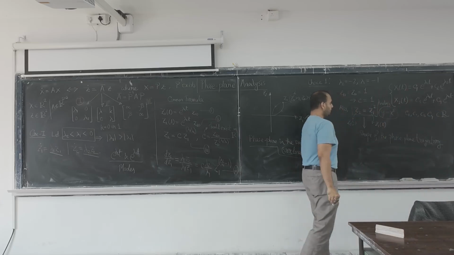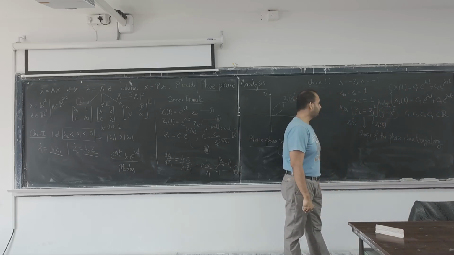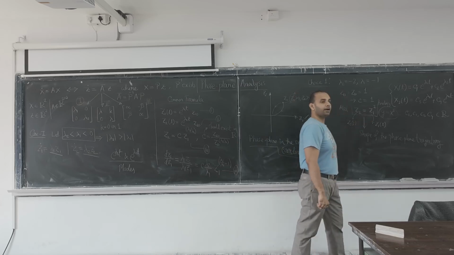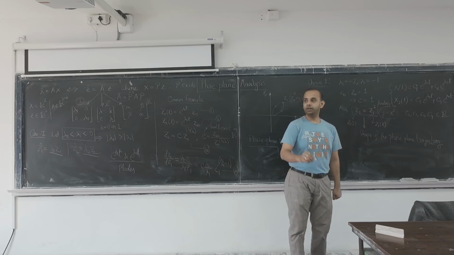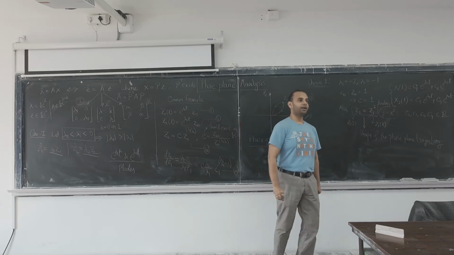This relationship will give you the shape of the trajectory, okay? And then for drawing, how would you find the values of z1? The values of z1 you will have to get from equation 1.